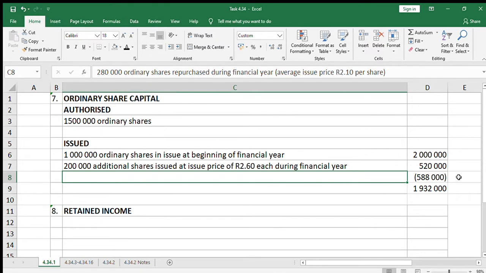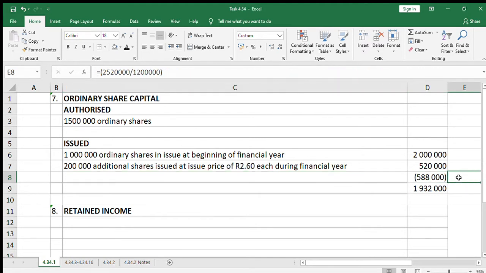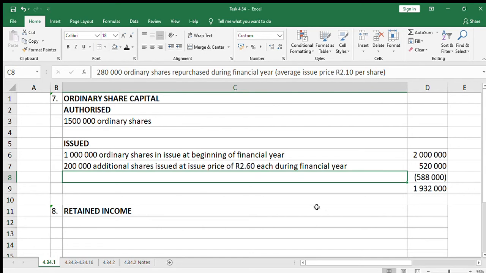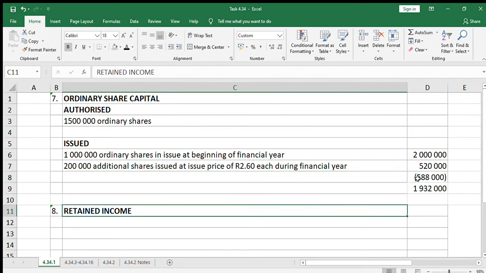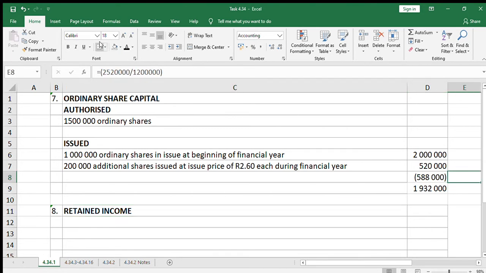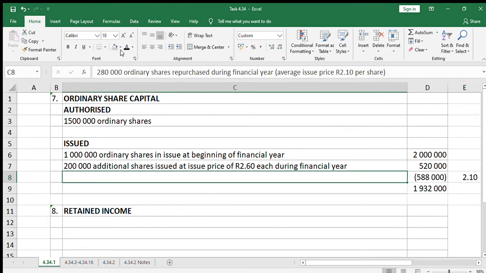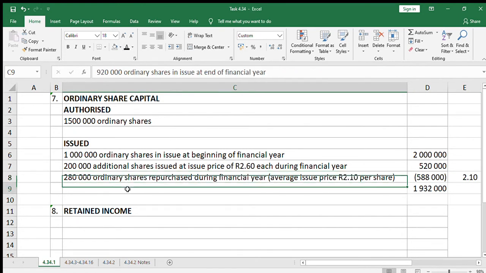And if we calculate the average issue price by taking 2,520,000 divided by 1,200,000, we will get an answer of 210, right? So you can just work that, put that in, okay.